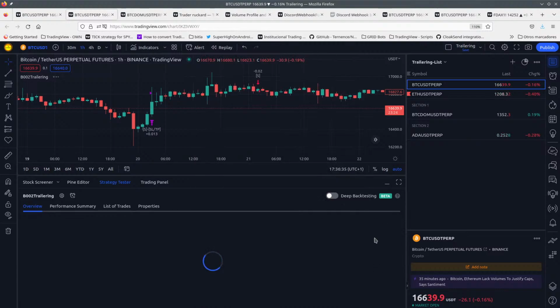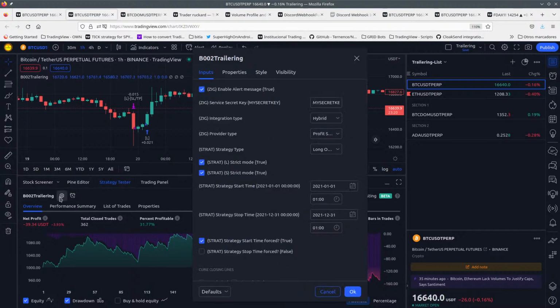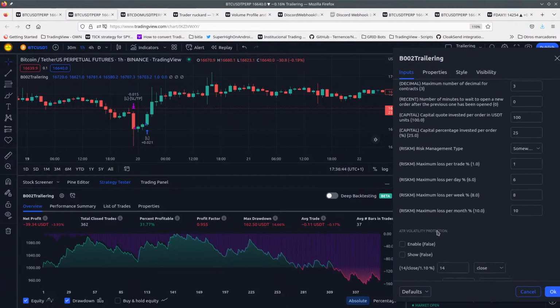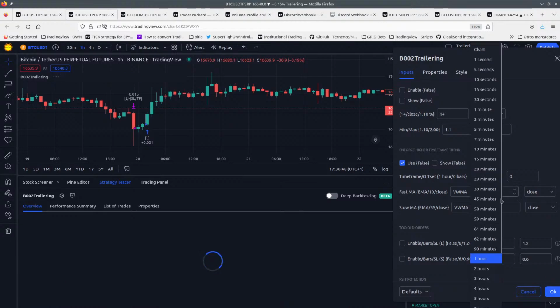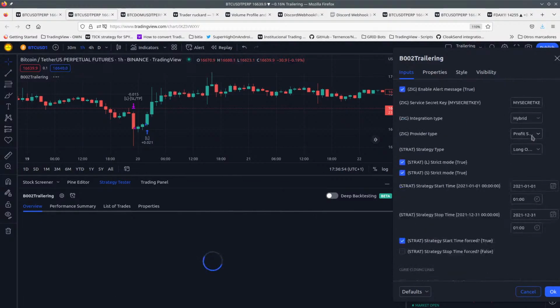Let's just check whatever needs to be done here. By the way, we haven't tested using a higher time frame, which I guess maybe 4 hours, something else. With reverse. Yeah, reverse.